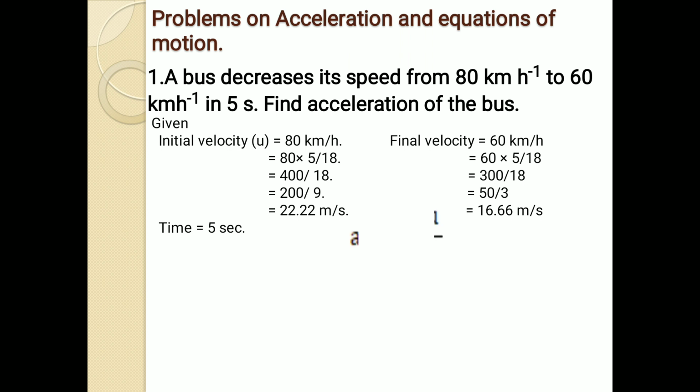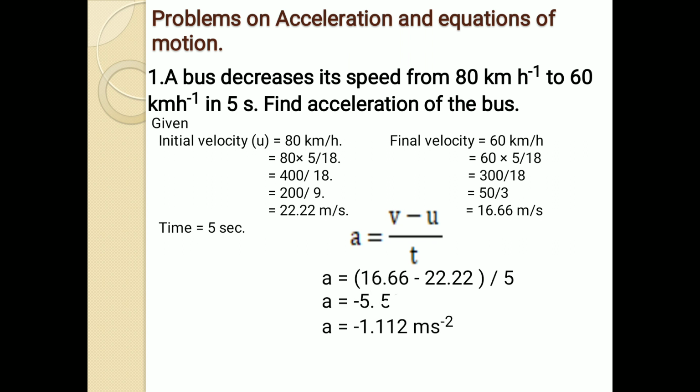So we know the formula to calculate acceleration. A is equal to V minus U by T. Substitute all the values here. A is equal to, and what about V here? Final velocity is 16.66 minus 22.22. 22.22 is initial velocity, divided by 5.